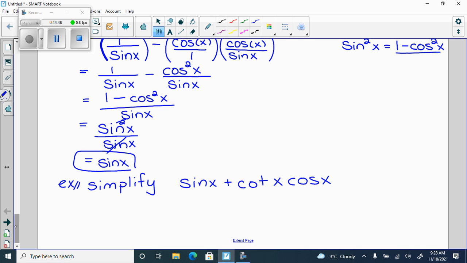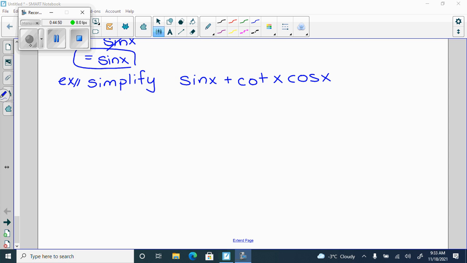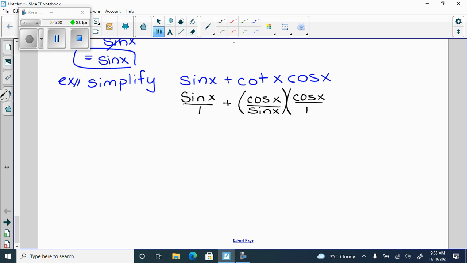So you're going to get sine x over 1 plus cos x over sine x times cos x over 1. So I'm going to get sine x over 1 plus cos squared x over sine x. And what's my issue?